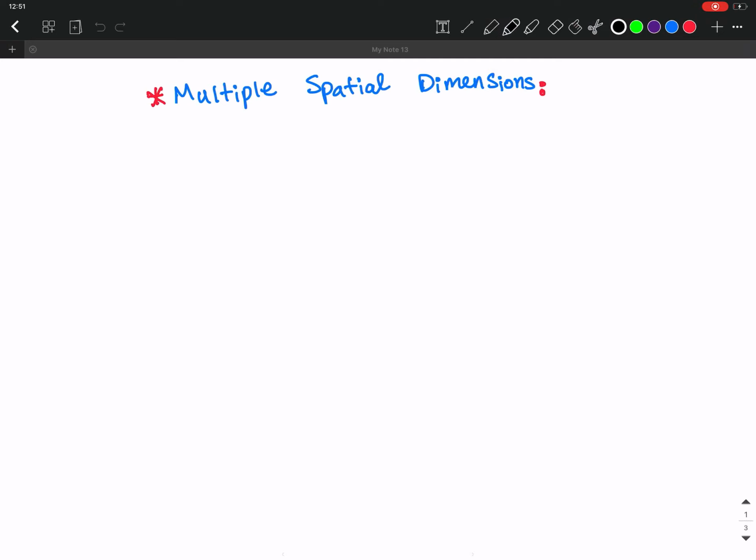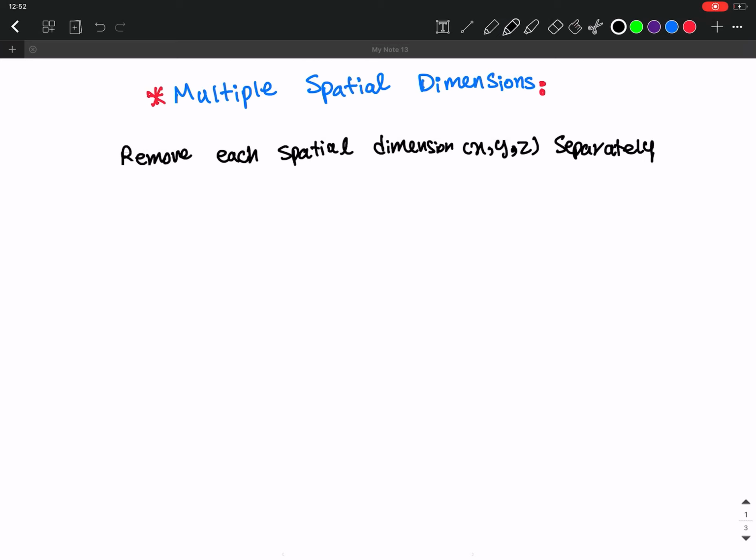So the general method or approach that we are going to take for this is that we are going to remove each spatial dimension x, y, z separately using appropriate integral transforms.